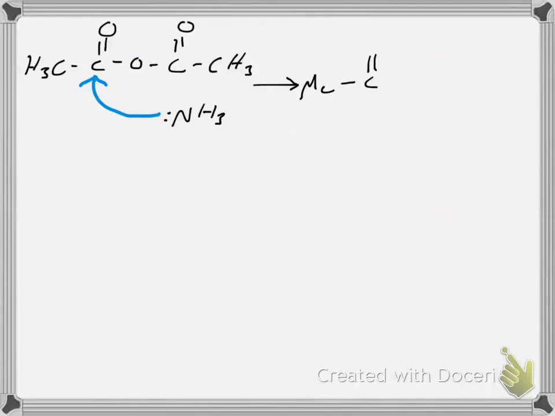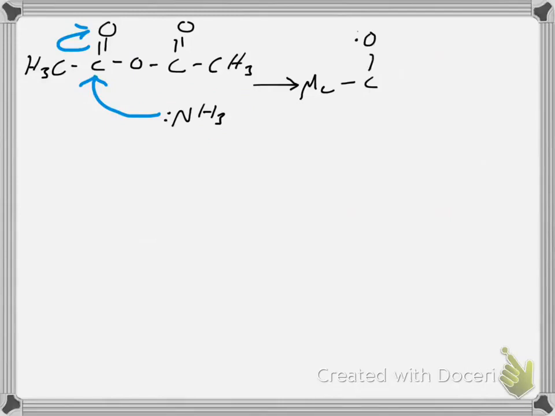But look, if we added the NH3 right here, what's going to happen? We're going to have 5 bonds to carbon, not okay. So what we need to do is go ahead and kick some of these electrons from the pi bond onto this oxygen. It will give the oxygen a negative charge, but it will allow us to add the ammonia to that carbon. So now that we've done that, we're okay.